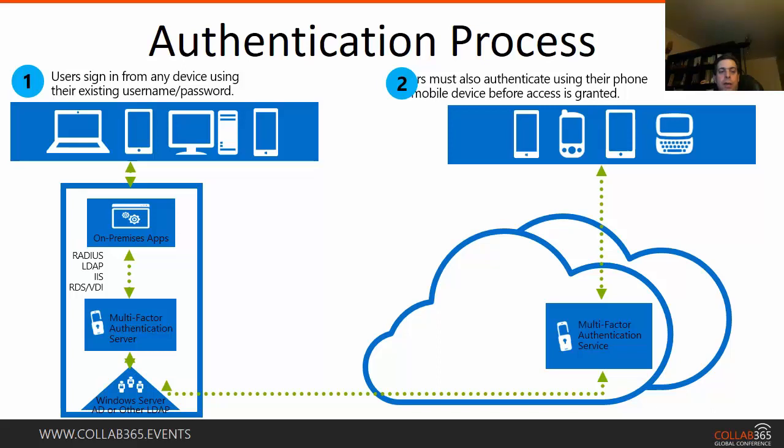You can connect on-premises apps that use LDAP, IIS, RDS, VDIs. You must install a multi-factor authentication server on-premise if you want on-premise, and Windows Server AD or other LDAP server. The multi-factor authentication server can reach all that you need.